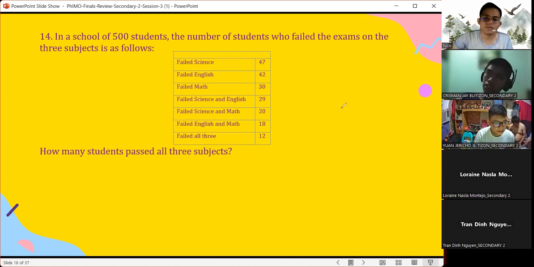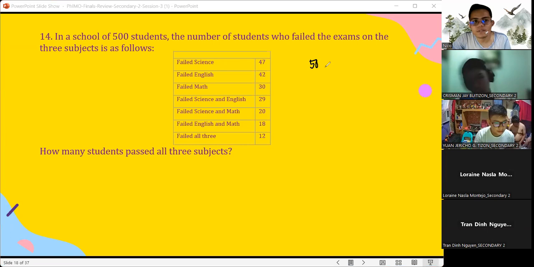So in 500 students, it's failed science and English, failed science, failed. Supposedly, the question here is how many passed the three subjects?